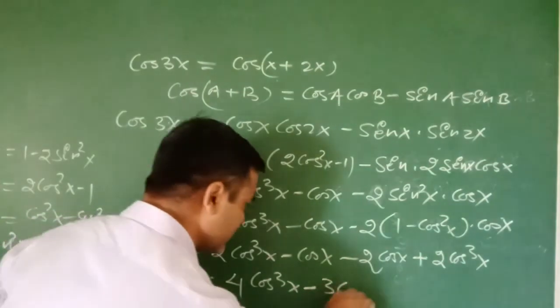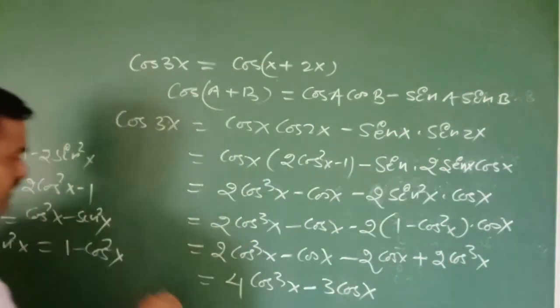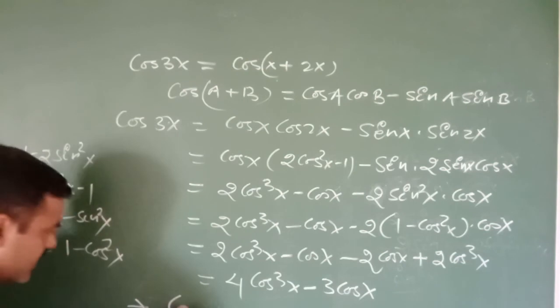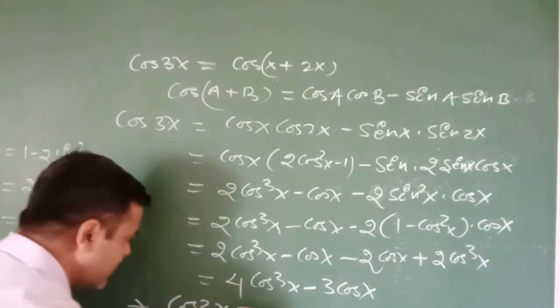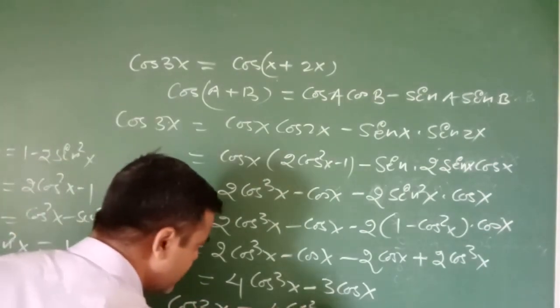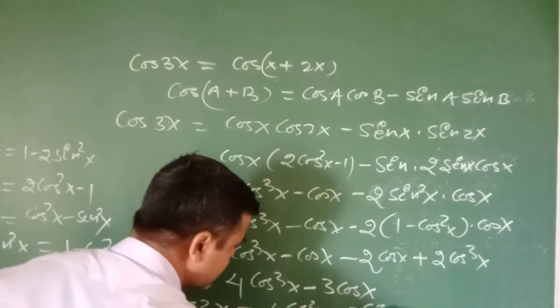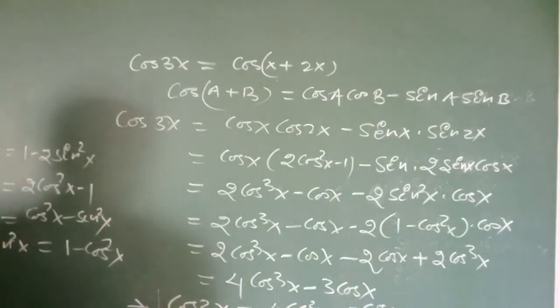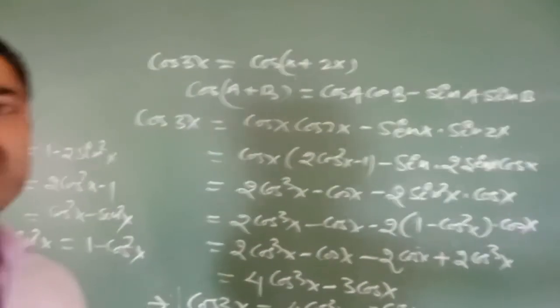This is equal to 3 cos x. So this can be written as cos 3x is equal to 4 cos cube x minus 3 cos x. So this is the identity, and I hope everyone is clear about this identity.